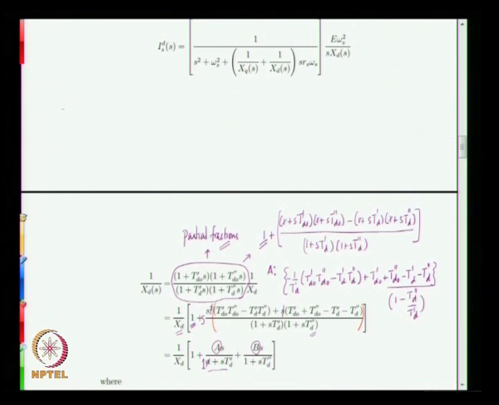So that is 1 by (1 minus T''d by T'd) into T'do T''do by T'd, plus with a minus sign, T''d plus T'do plus T''do minus T'd minus T''d.